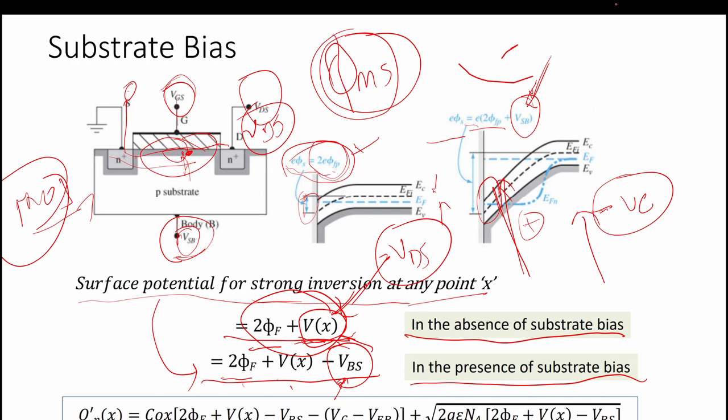Now we can see the modified charge density in the channel, the charge density at any point in the channel. Qnx is given by the oxide capacitance and the modified voltage, 2 phi f plus Vx, which was the initial one, and minus VBS. This is the voltage that we have applied.